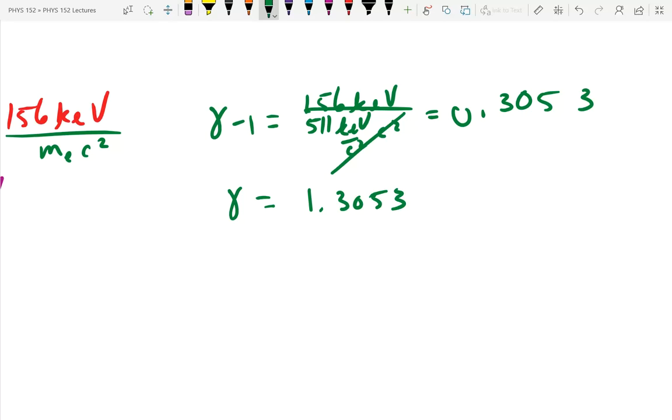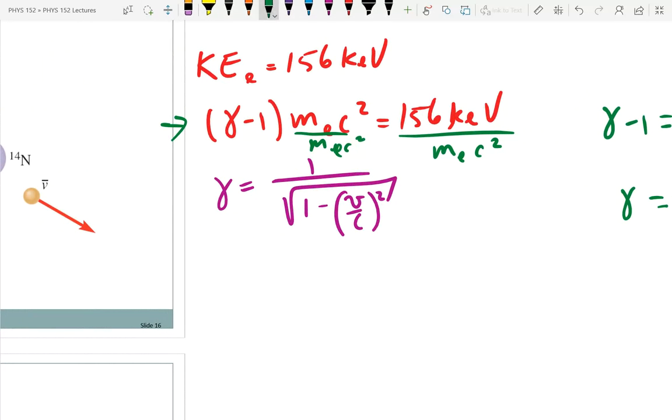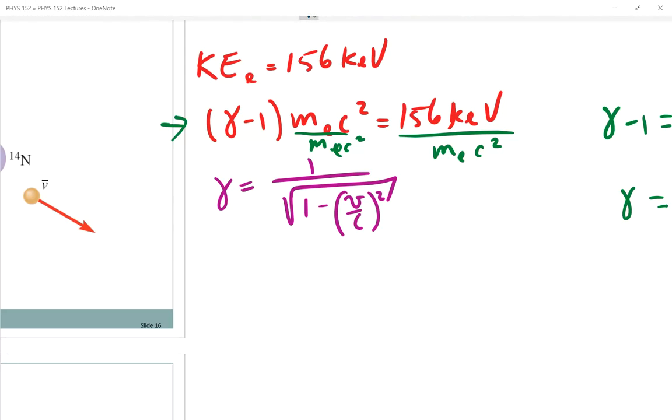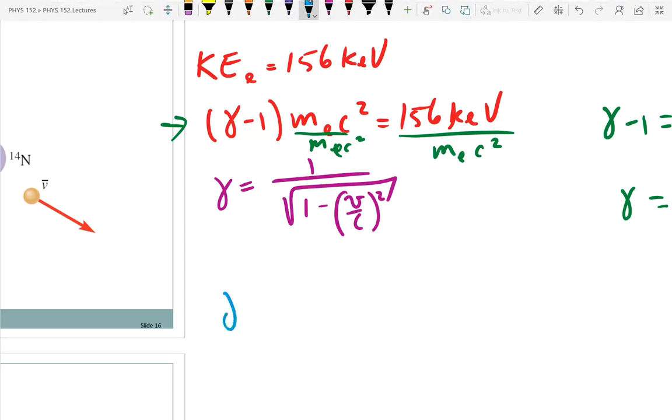Now that I have gamma, how do I find V? You've had to do this over and over. Well, you've had to do it a few times at least. How do I find V from this equation? Okay, let's square it. Next step.